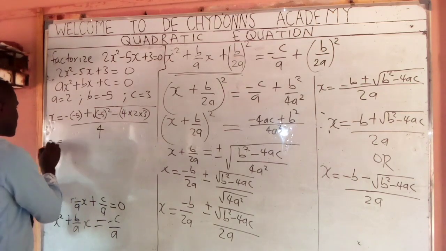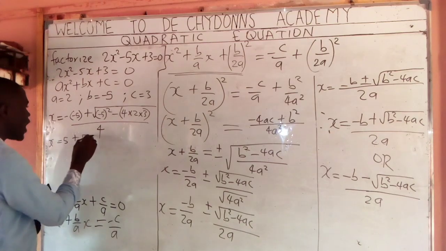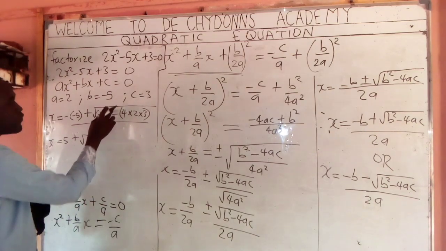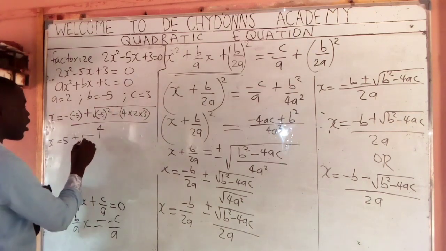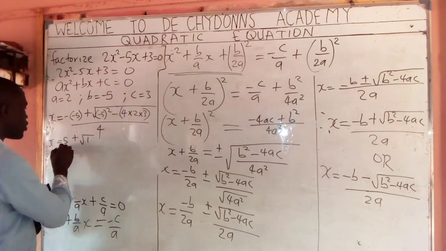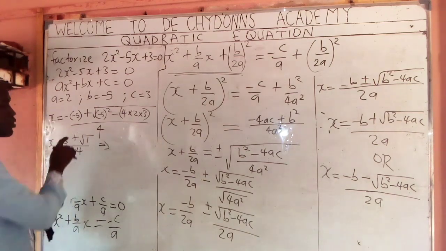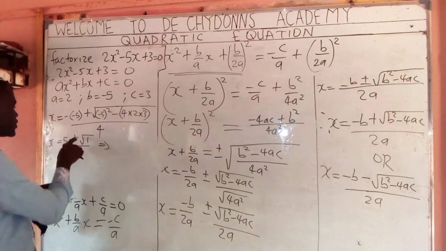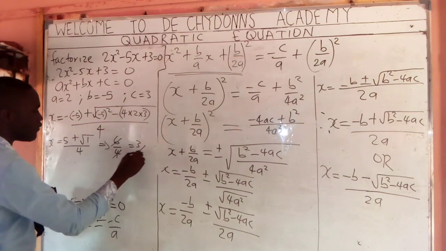You summarize. Minus times minus 5 is 5, plus the square root of minus 5 squared, 25, minus 4 times 2, 8, times 3, 24. 25 minus 24 is 1. So 1 all over 4. The square root of 1 is 1. 1 plus 5 is 6. 6 over 4, and that gives us 3 over 2.